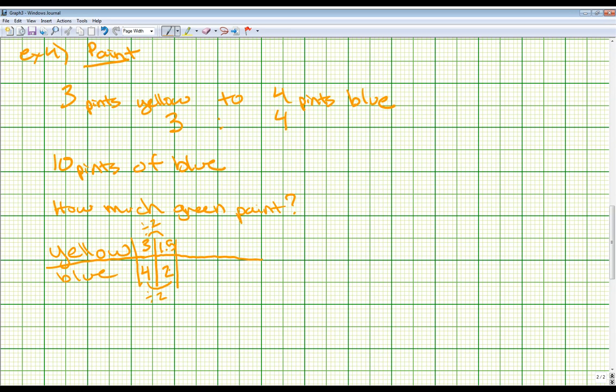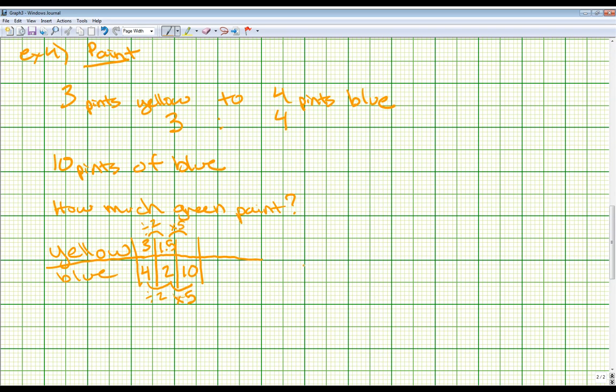So now we're at a number 2 that could multiply up to a 10, because 2 times something can get us to 10. So if I took my 2 and I multiplied by 5, I would get to my 10. And 10 is my target number of blue pints. So that's going to give us this mystery number of yellow pints. What I have to do now to get there is to take this 1.5 and multiply it by 5.